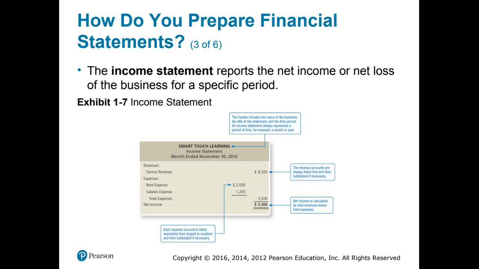So the far right is the total. These are all the totals. So if we had two different revenues, like service revenue and sales revenue, then they would be listed out individually to the left, and then we would total them to the right.